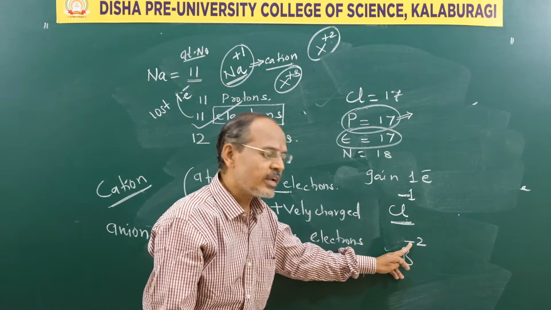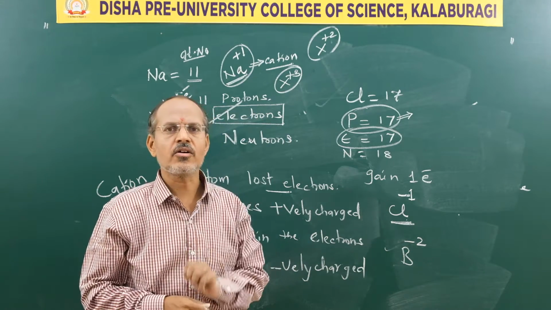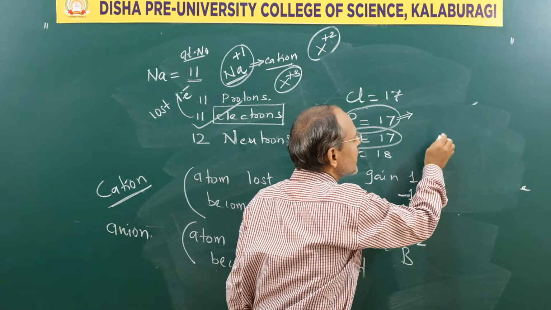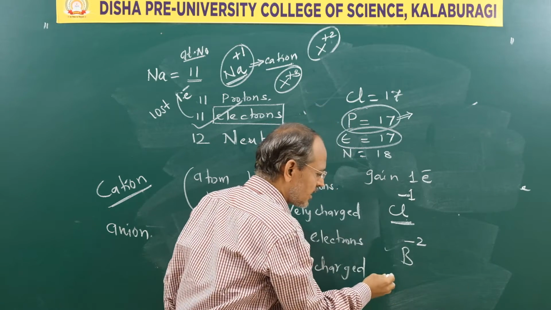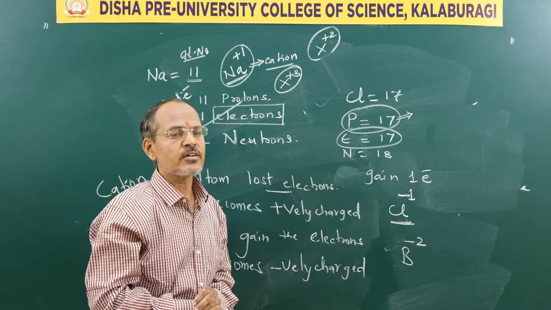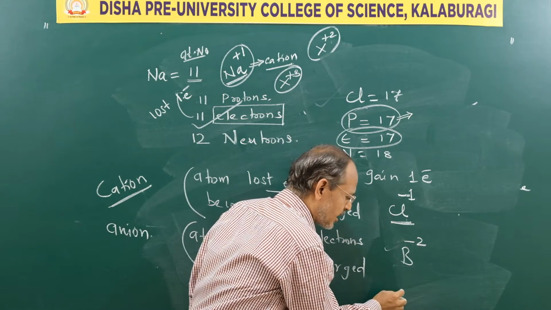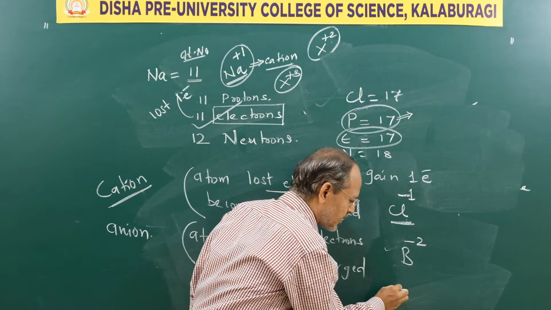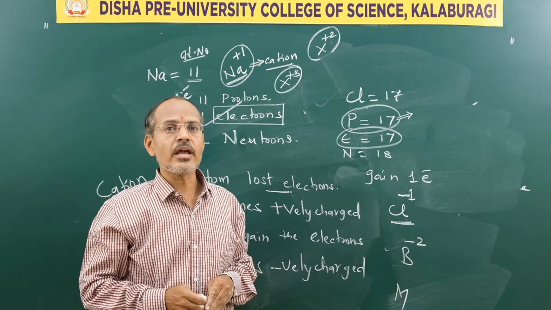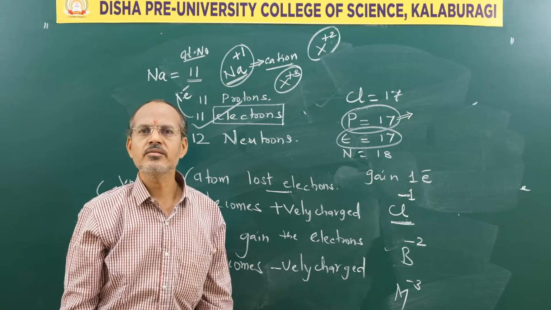What does this minus 2 indicate? It gains 2 electrons. Later on I will give you the complete chart of these ions. If an atom M gains 3 electrons, I can write minus 3.